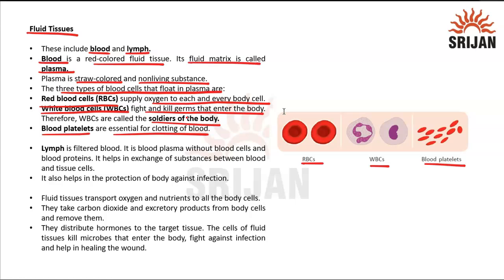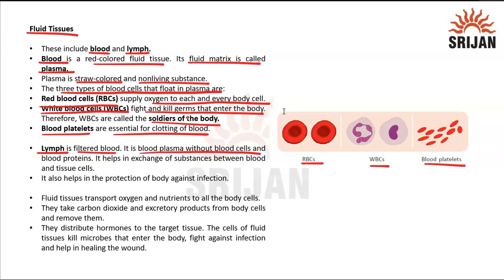RBCs and blood platelets also lose the nucleus, so they lose the capacity to divide. That is their property, and that is how you can differentiate between plasma and RBCs, WBCs, and blood platelets. WBCs have a proper nucleus, which is a completely different way of looking at the cells in this fluid tissue. Now there is another type of fluid tissue, which is lymph, which is filtered blood.